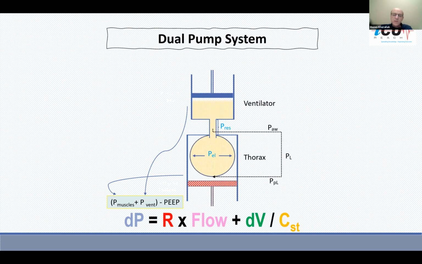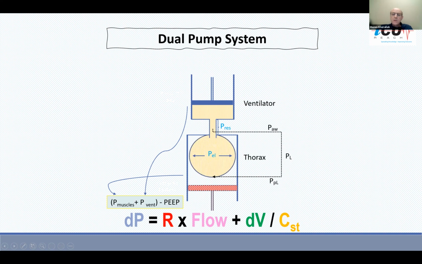This is the famous slide that I always present. When you have a patient who's on the ventilator, you need to think about it as a dual pump system. There are two systems working at the same time. You're pushing the air under pressure from the ventilator, and the patient is also inhaling by contracting his inspiratory muscles.